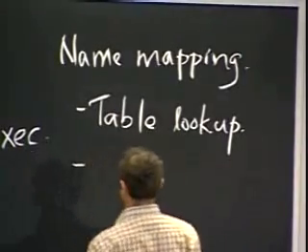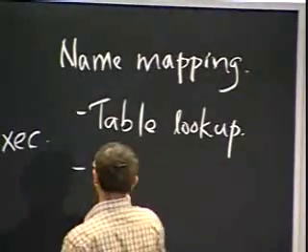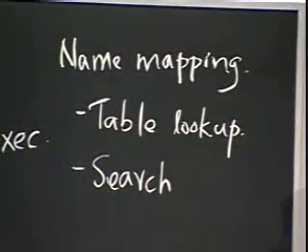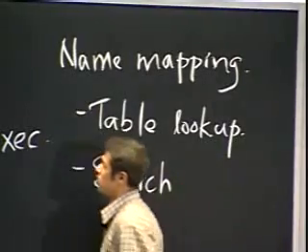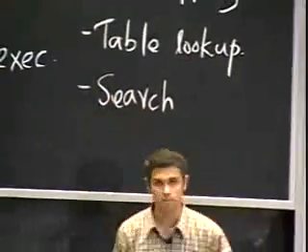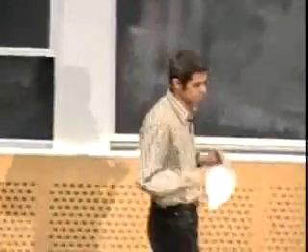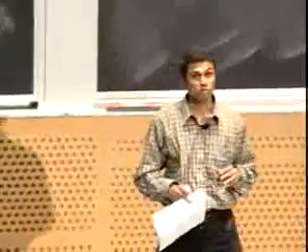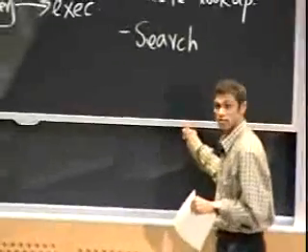And another example of doing name mapping was a process of search through a series of contexts. In particular, we looked at the problem of when you're in the context of LD, which GCC uses, and it goes through a sequence of .o files as well as libraries on the command line, what algorithm it actually uses to resolve its symbols.